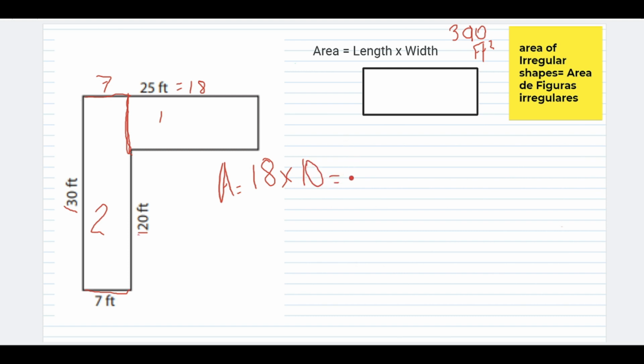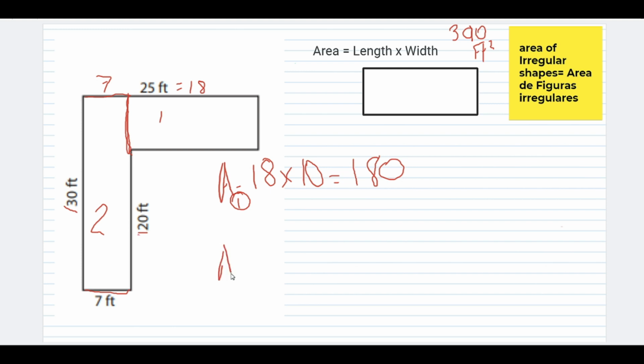We just copy the 0 here because any number multiplied by 0 is 0. Now 1 times 8 is 8, and 1 times 1 is 1. So that is the area of shape 1, 180.